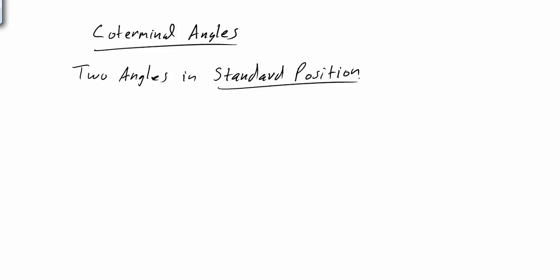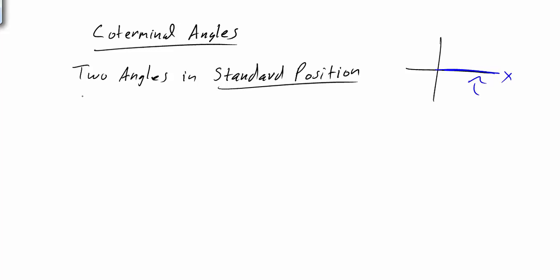We just talked about it: if you have your angle, the initial side is going to be here on the x-axis. So the definition for coterminal is two angles are in standard position, which simply means that the angles both start on the positive x-axis.